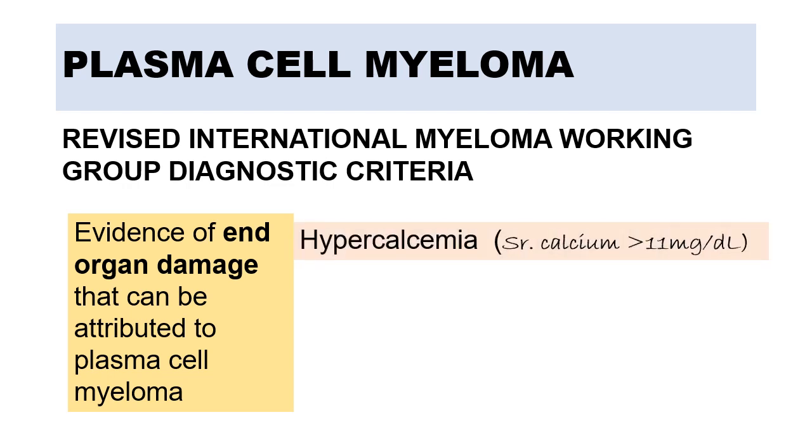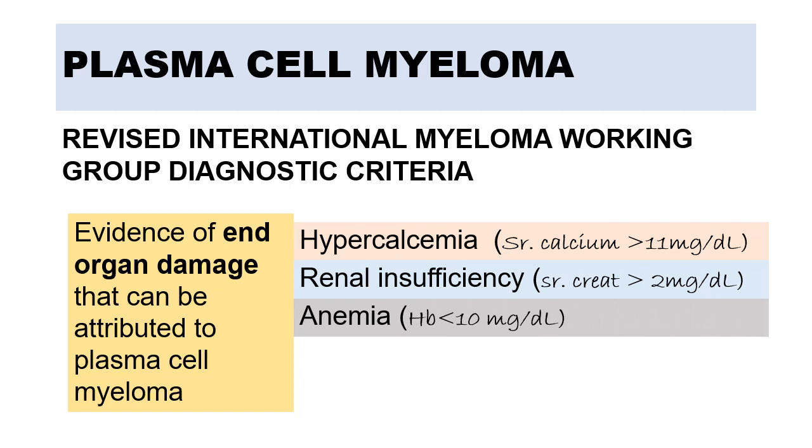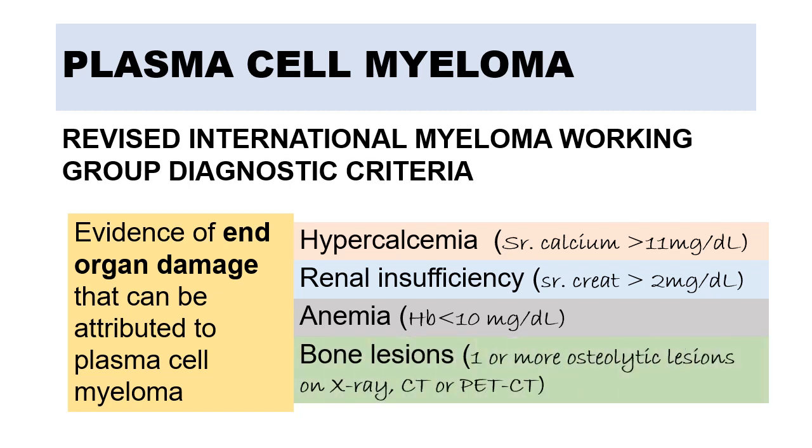This includes elevated serum calcium of more than 11 milligrams per deciliter, renal insufficiency that manifests as elevated serum creatinine of more than 2 milligrams per deciliter, anemia with a hemoglobin level of less than 10 milligrams per deciliter, presence of osteolytic lesions, which is one or more, that is detectable by an X-ray, CT, or a PET-CT scan. This is given a diagnostic acronym of CRAB, where C stands for calcium levels that are elevated, R for renal insufficiency, A for anemia, and B for bone lesions.